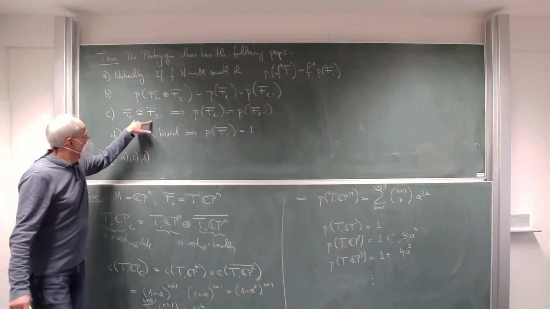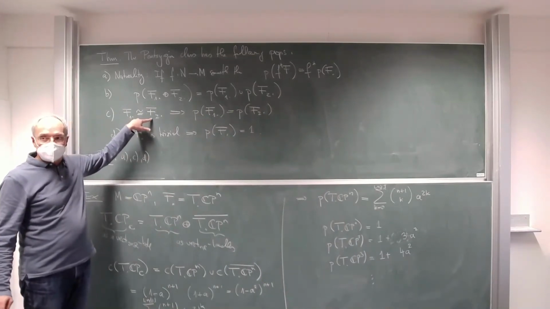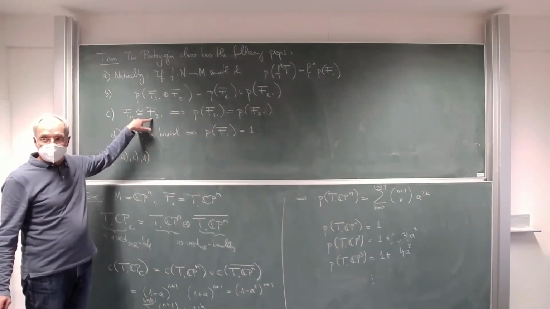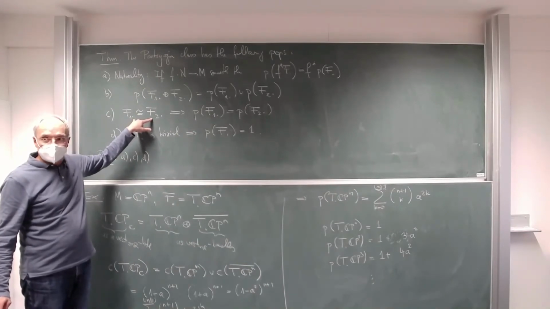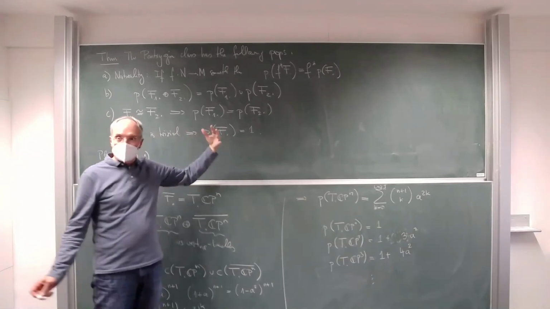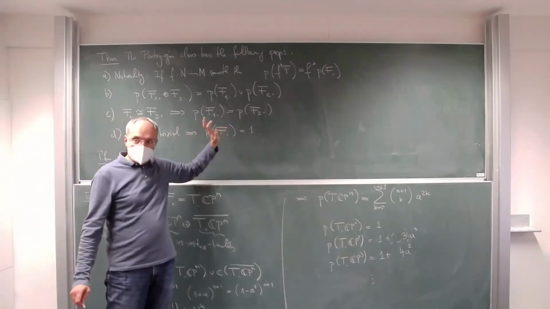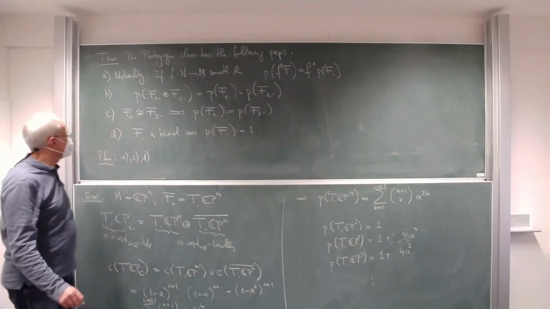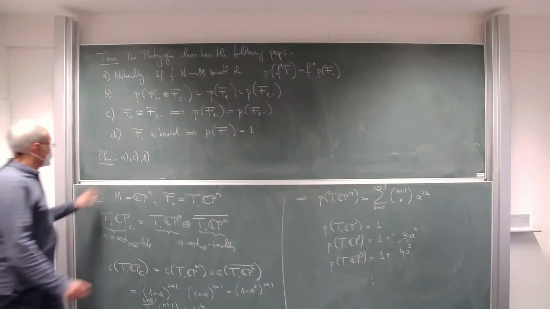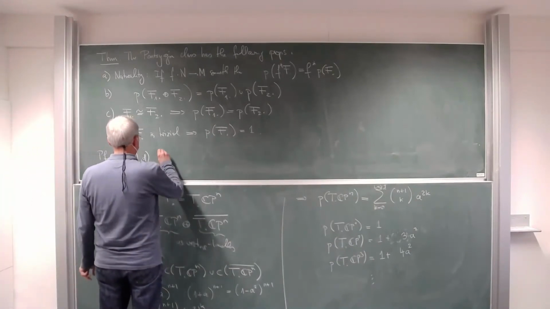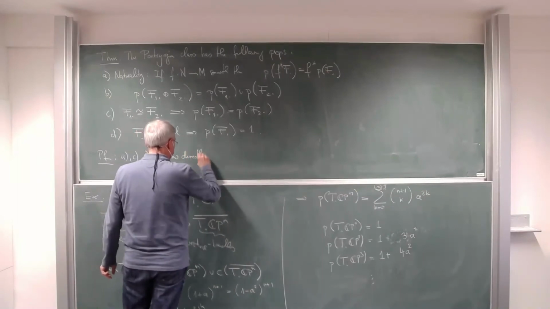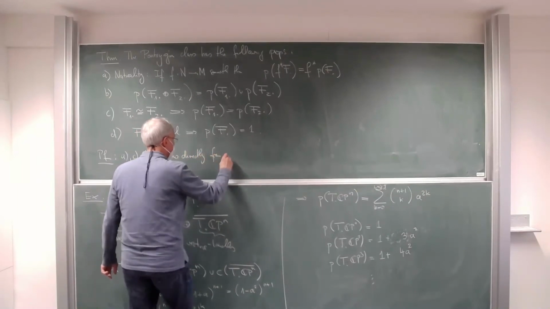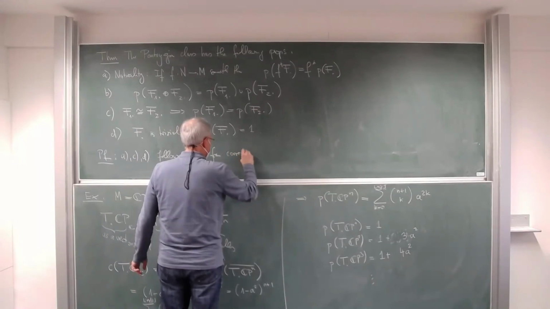Similarly, if two real bundles are isomorphic, then their complexifications are complex isomorphic, by just complexifying the isomorphism. And therefore the Chern classes agree, and therefore the Pontryagin classes of the original bundles agree, and similarly for the last one. So A, C, and D follow directly from the corresponding properties of Chern classes.